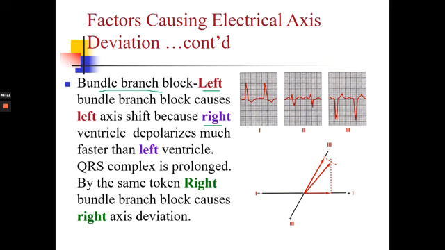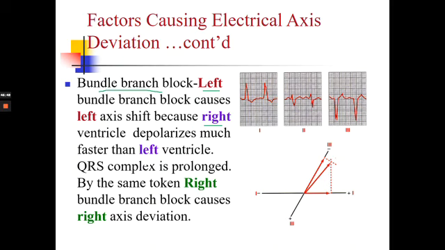Remember also, in case of bundle branch block, you will get prolonged QRS. So in left bundle branch block, you get prolonged QRS and left axis deviation. On the other hand, in right bundle branch block, the left ventricle depolarizes first, and then the right ventricle depolarization takes longer.